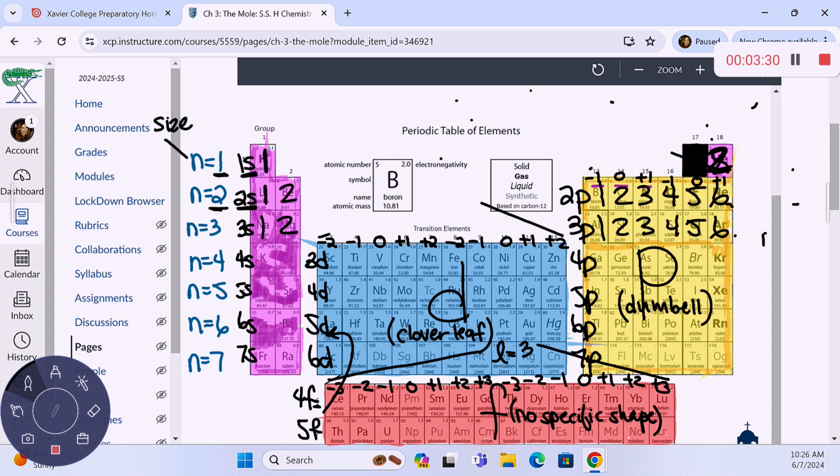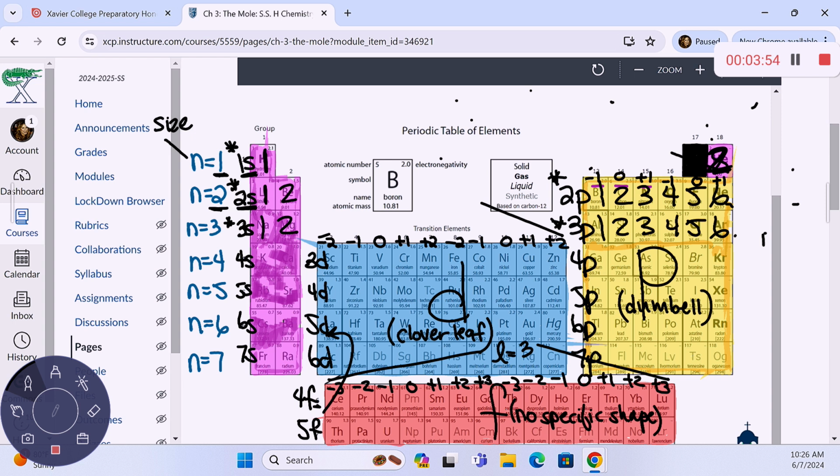As you fill them, you have to start with the lowest energy subshell first because it's closest to the nucleus. So you have to fill 1s first with 2 electrons. Then you're allowed to start filling 2s with 2 electrons. And then you can go to 2p with 6 electrons, and then 3s, and then 3p. You get the idea?